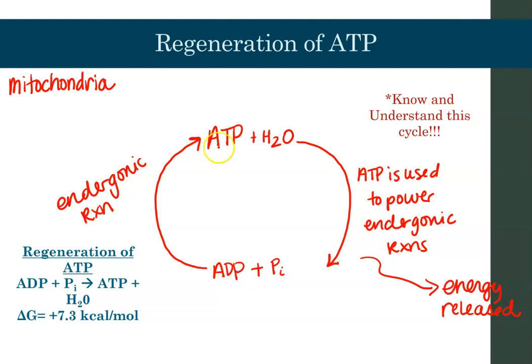So the exergonic breakdown of ATP is used to power endergonic reactions in our cell. That ADP can then be regenerated through an endergonic reaction to produce more ATP. Hopefully you noticed that I fixed a little typo there as I was talking. Now we have to put energy in to build ATP, but when we break ATP, that energy is released.